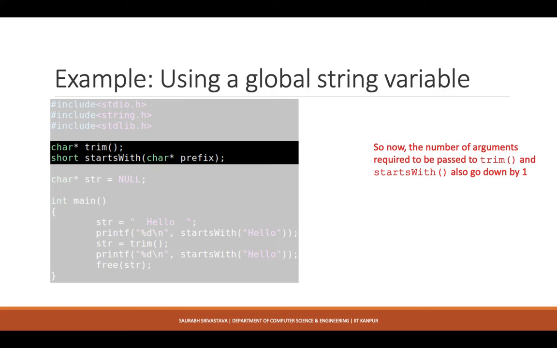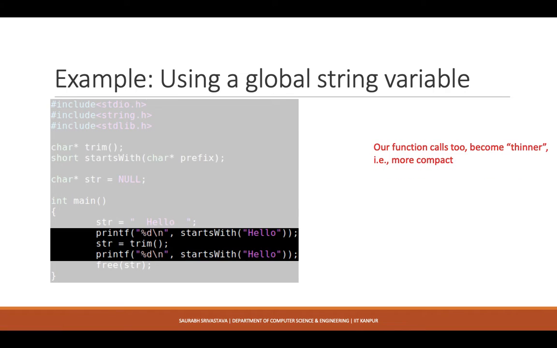And the two functions that I have defined, trim and starts with, their declarations too changed, right? Because I no longer need char asterisk str here, and char asterisk str here. So the number of arguments that these functions now require goes down by 1.